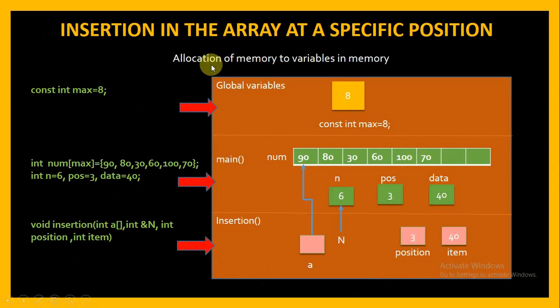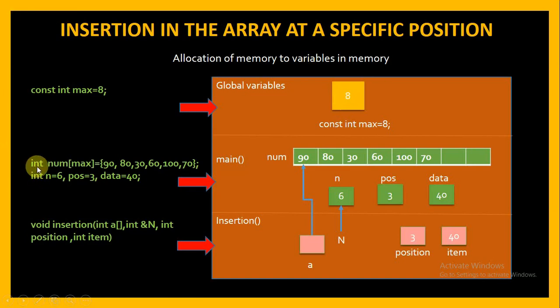So first we will look at how the allocation of memory is done to variables. You can see here I have divided the memory into 3 sections: global variables, main, and insertion function. Now this constant int max equal to 8 is a global variable, so it will be declared here and it will take the value 8.